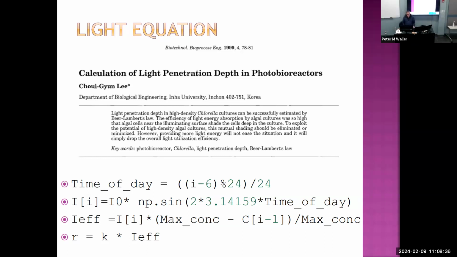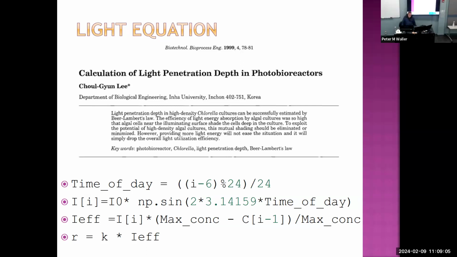And he couldn't figure it out, but then he found this paper by this person in Korea, which discussed the shading of cells in the culture. And so it modifies the Beer-Lambert law. And then once he used this modified Beer-Lambert law, the model worked for all the types of algae that we had. So that was very impressive, I thought, that he did that.